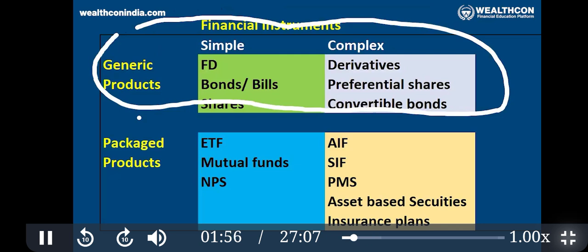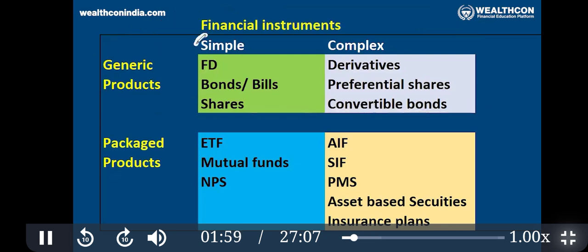Under generic products, we will divide into two parts. One is simple generic products. Most of you are already aware of FD, the fixed deposit you do in a bank or post office. Another generic financial instrument is bonds and bills, that is, treasury bills.